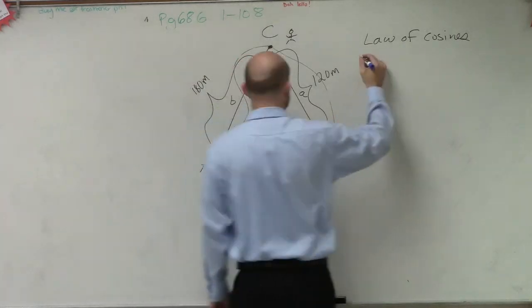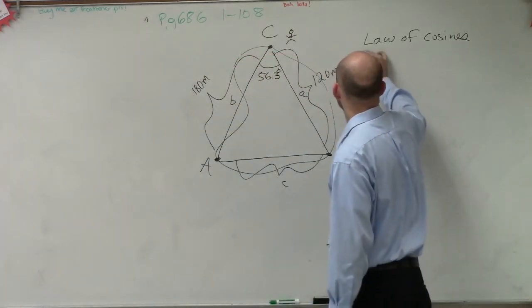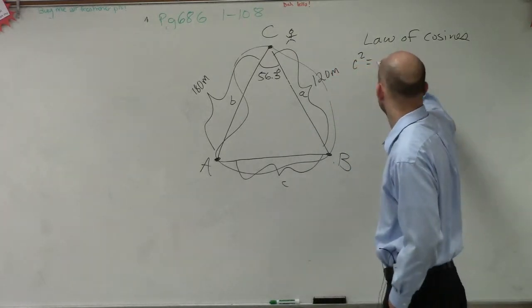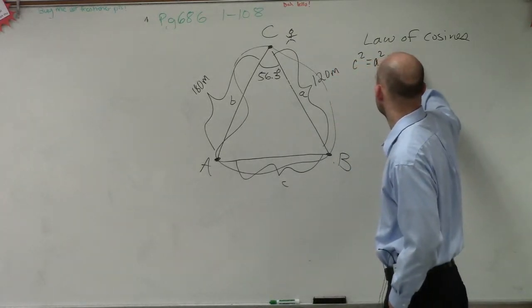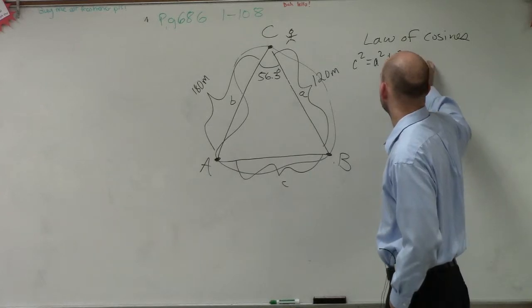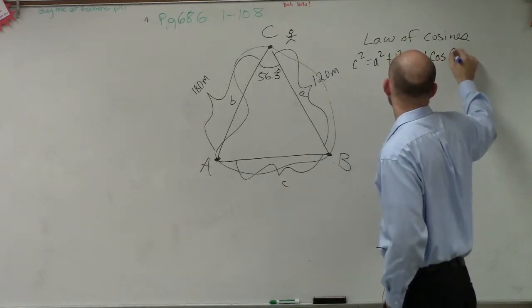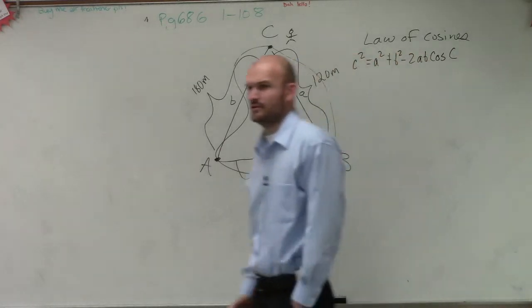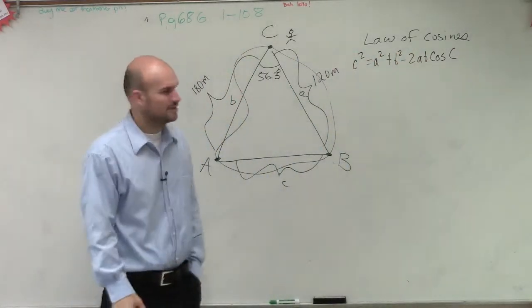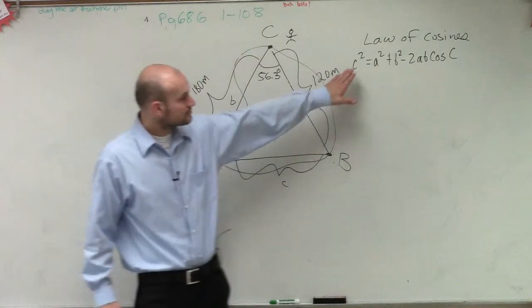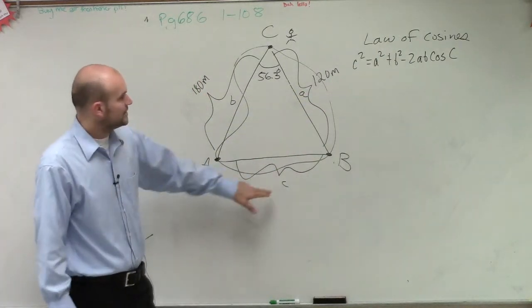The law of cosines, as I remember, is c squared equals a squared plus b squared minus 2 times a times b times cosine of big C. If anybody wants to check on that one for me, I'm pretty sure I'm correct, but I just want to make sure. So now we don't know what c squared is.